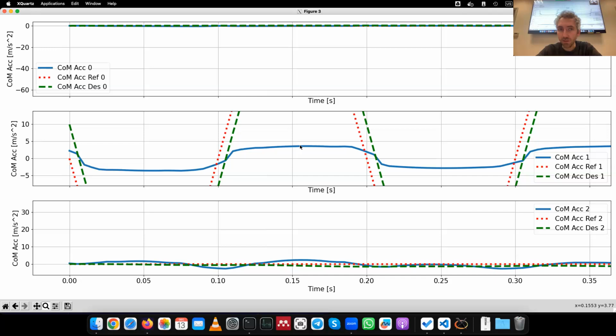Yeah, here we are at 3.7. That's the maximum it can deliver. So we can clearly see that there is a limitation in how much we can accelerate our center of mass. This is in the lateral direction, but it would be the same in the forward direction. We have the same limitation.